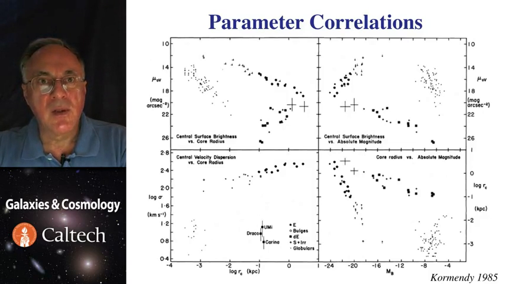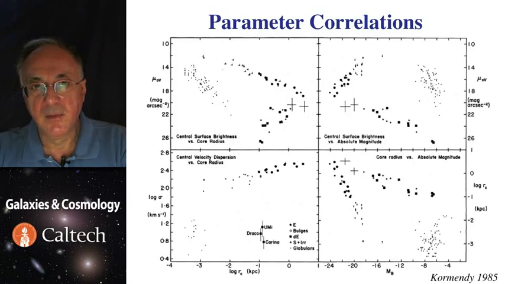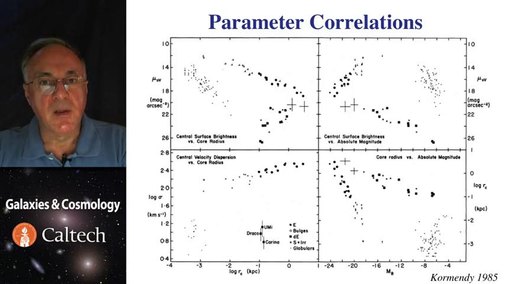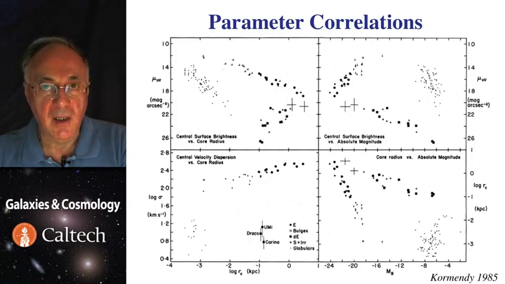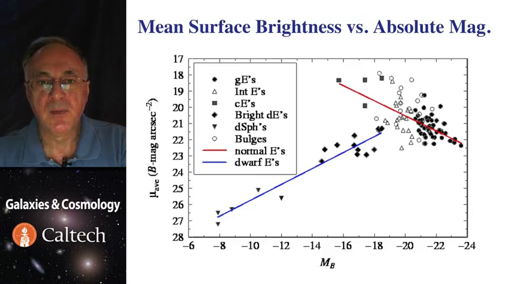They show central surface brightness versus radius in the top left, central surface brightness versus luminosity in the top right, velocity dispersion versus radius in the lower left, and velocity dispersion versus luminosity on the lower right. The two families with thicker symbols are elliptical galaxies and dwarf ellipticals, so dwarf spheroidals. Little dots are globular clusters. And you can see that obviously they separate very cleanly in this parameter space.